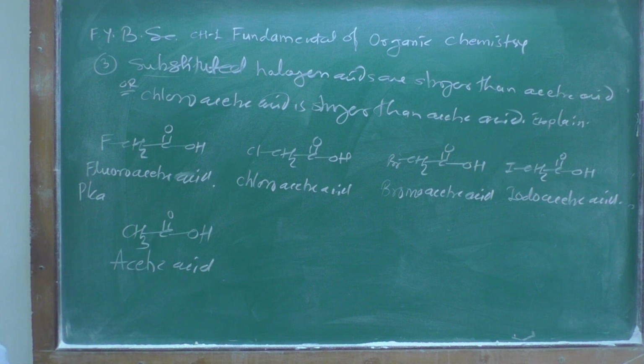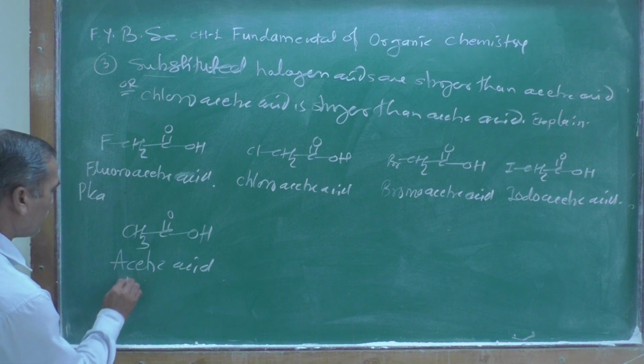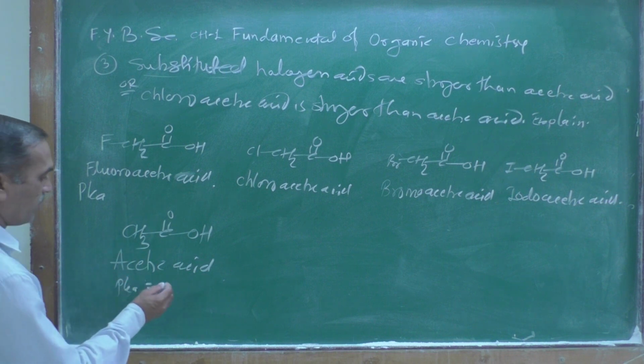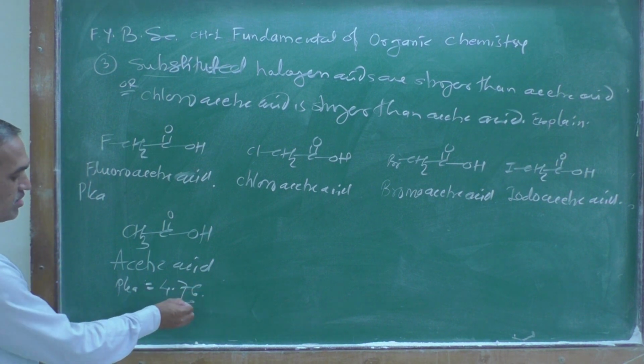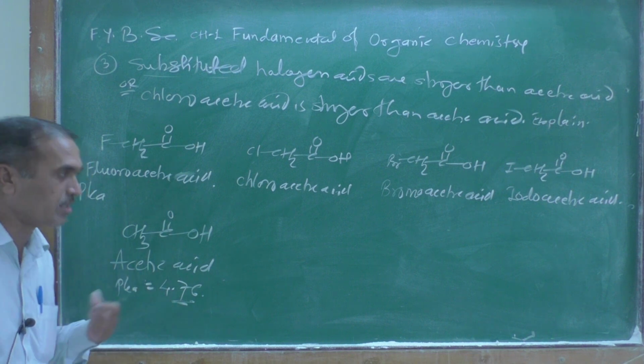K is the dissociation constant of the acid, and the pK value is 4.76 for acetic acid.